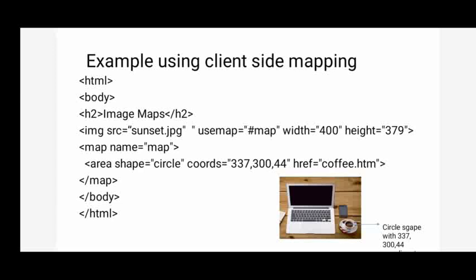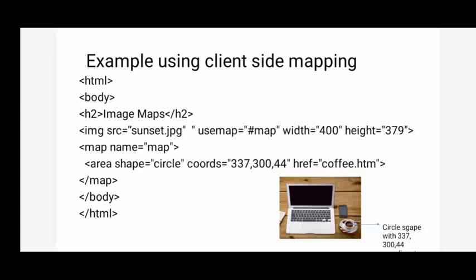Area, shape equals circle I have given. So the total image is 400 width, 379 height. But in that total image, I am creating one circle, a small space, as a clickable area. See, area shape equals circle.